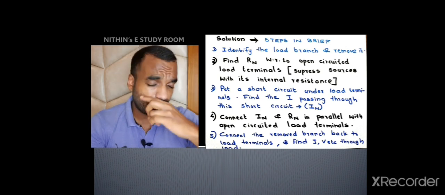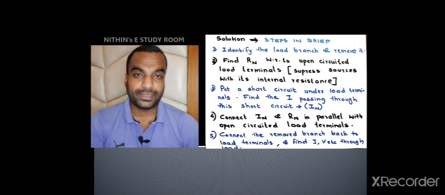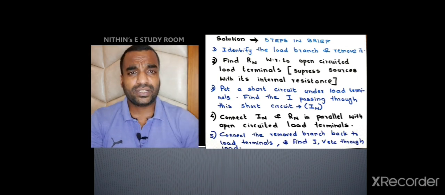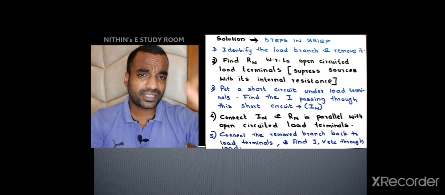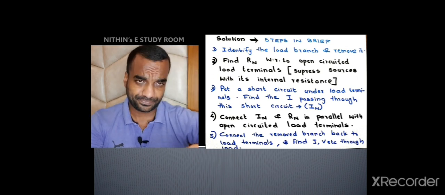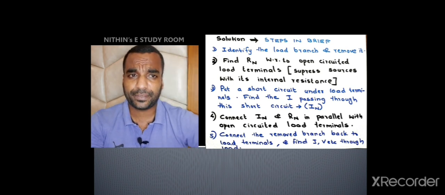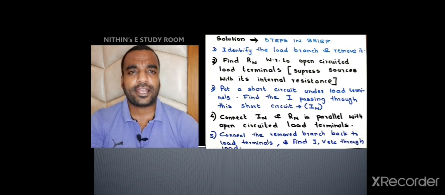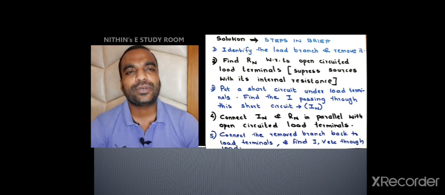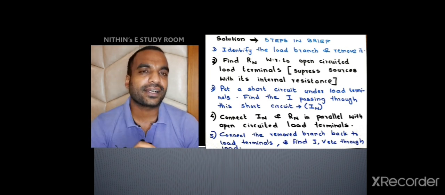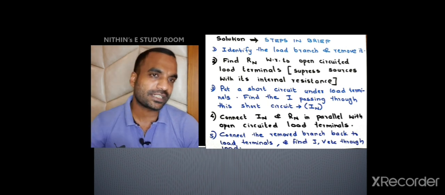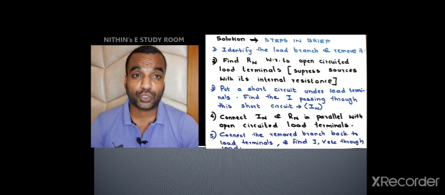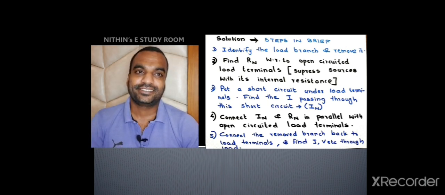Now you short circuit that open terminals, A and B, and by using some technique you find the current passing through the short circuit. That value of current is known as In, or the Norton current. This is the procedure for finding In.